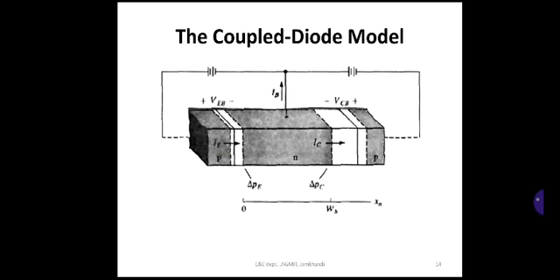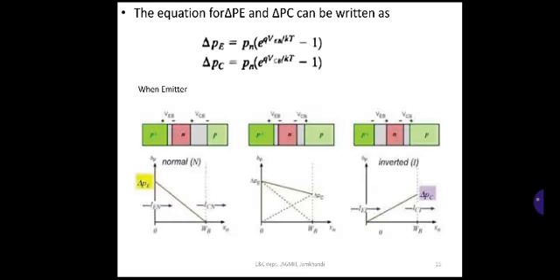So the equations for delta PE and delta PC can be written as: delta PE is equal to Pn into e to the power q VEB by kT minus 1, and delta PC is equal to Pn into e to the power q VCB by kT minus 1.